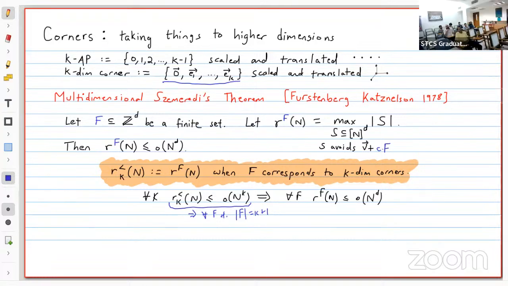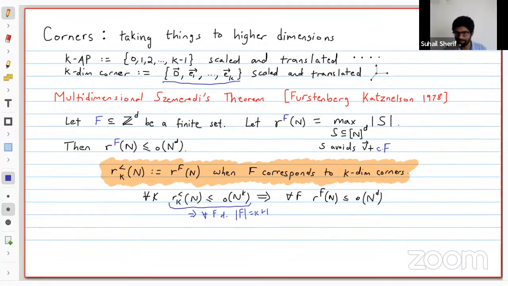So k is equal to d. Right. Yeah, I didn't understand that question. So the statement that I've just stated says corners are the most general case, so they're interesting in that sense.